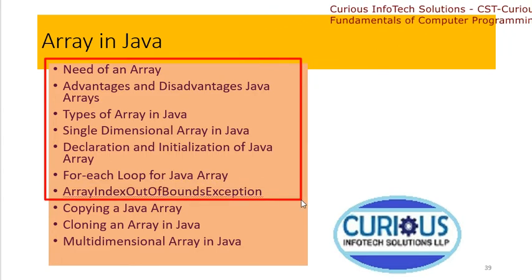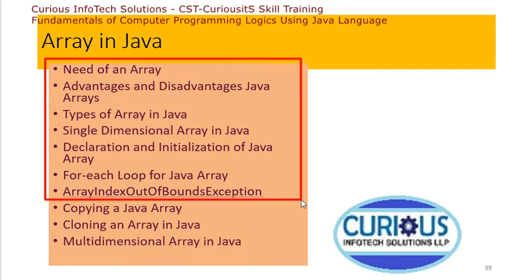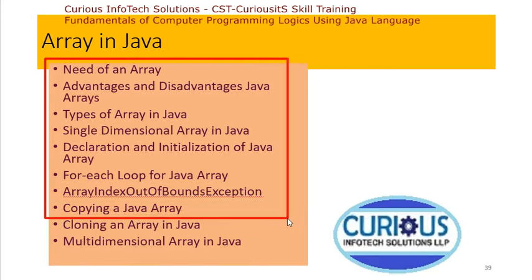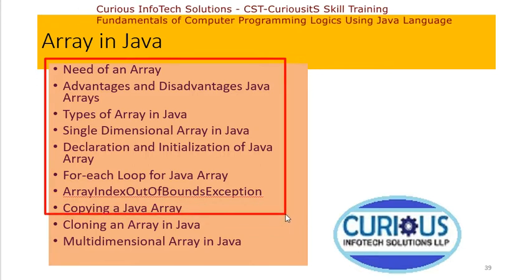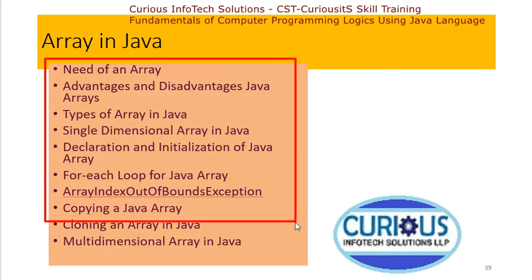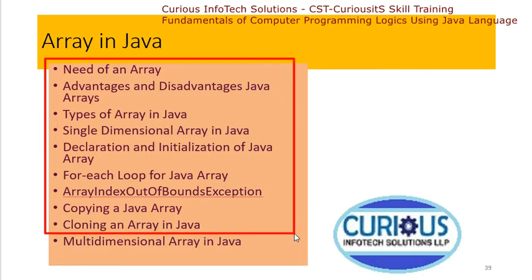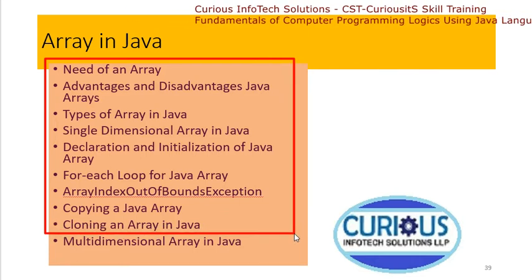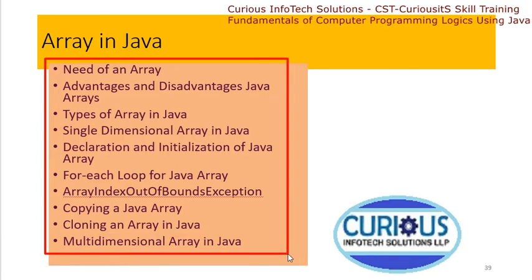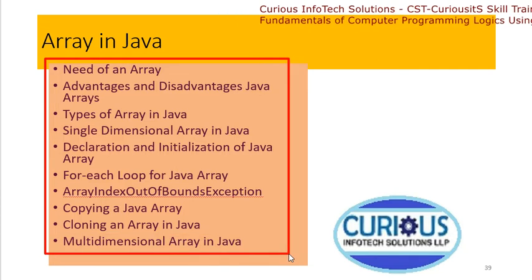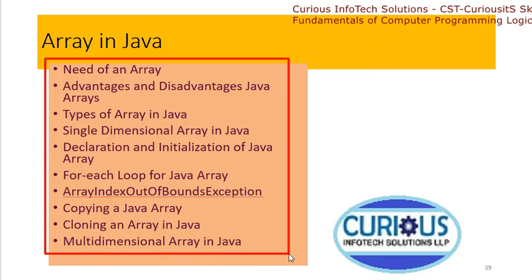Then what is the array index out of bound exception. Then we can also think about copying a Java array and also making a clone of an array in Java. And lastly, we will understand the multidimensional array in Java.